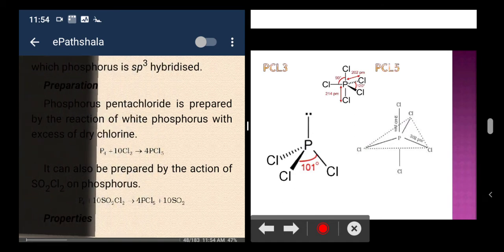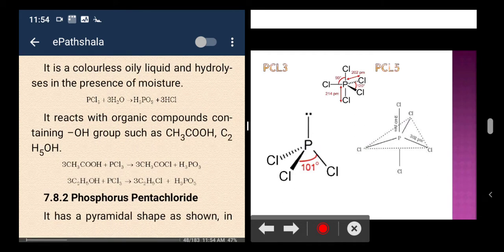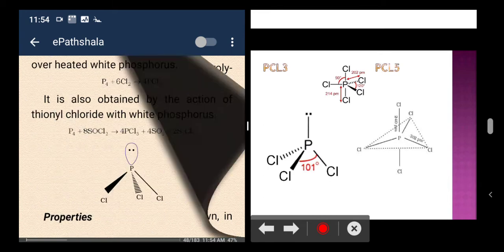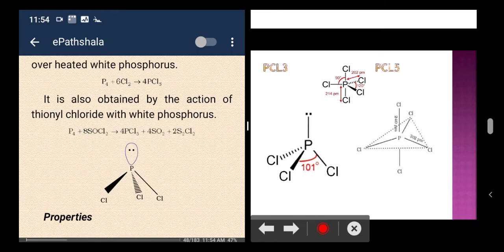Phosphorus pentachloride. Now we are going to see what phosphorus pentachloride is. It is prepared by the reaction of white phosphorus with excess dry chlorine. The similarity is that white phosphorus reacted with chlorine gives PCl3.